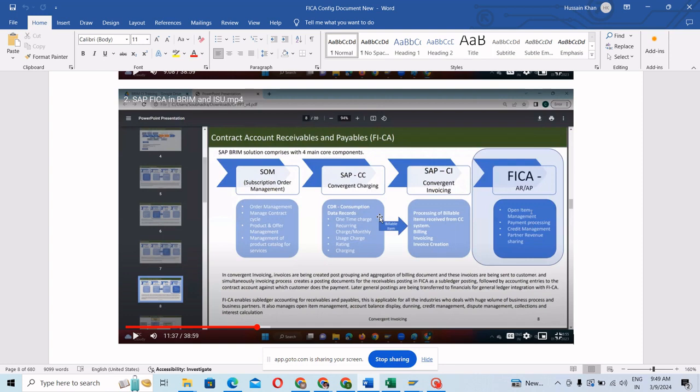I mean, as a part of invoicing, CI will be involved once the bill has been created. The moment the invoice has been created, by default, the FICA will be involved. So that is the level of understanding from my side, Hussein.